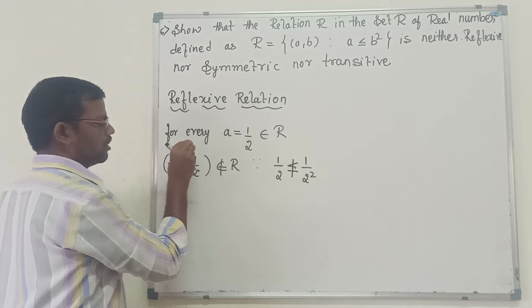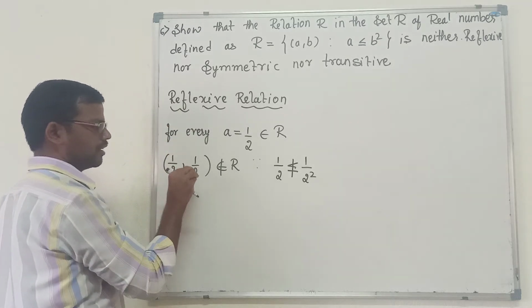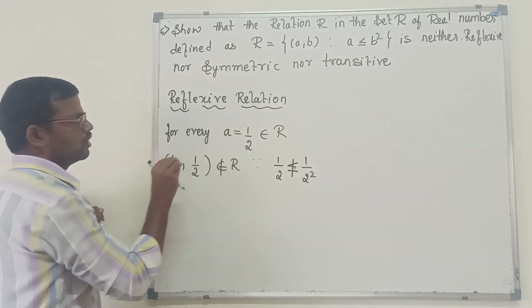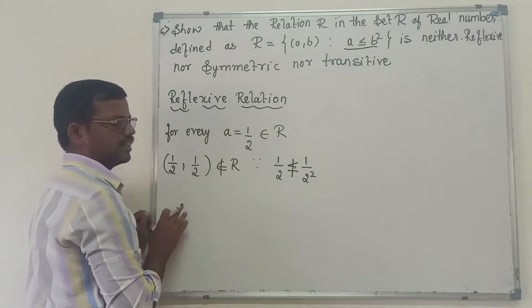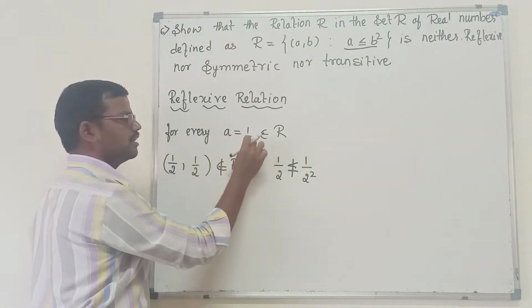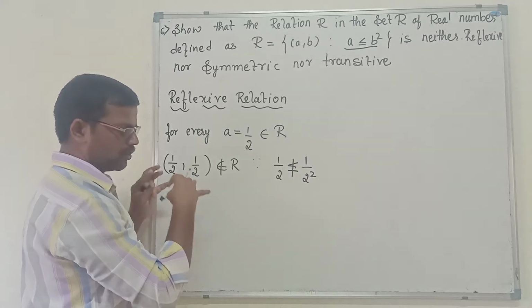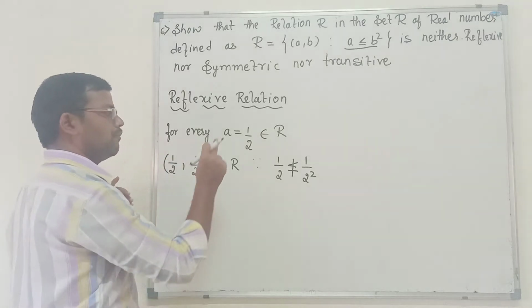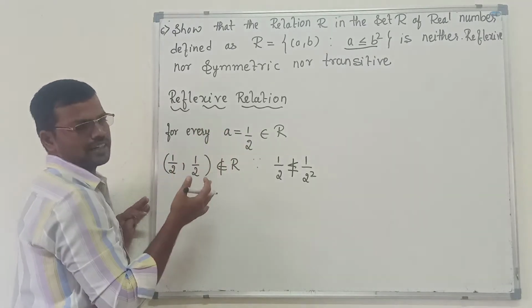Whenever you are going to prove that a relation is reflexive, symmetric or transitive, and the problem is like this, we have to consider the number in fraction form only. Then only it is possible to identify whether it is reflexive or not. If it satisfies the condition, then we can say it is reflexive.